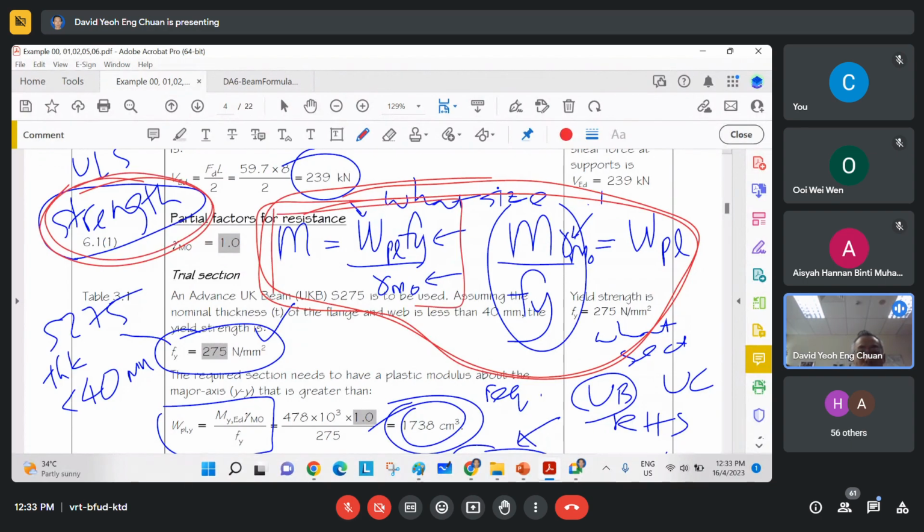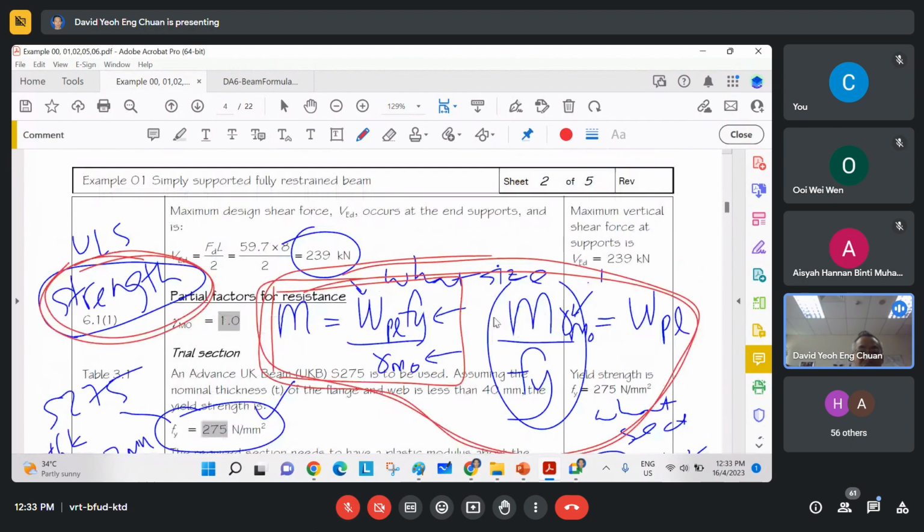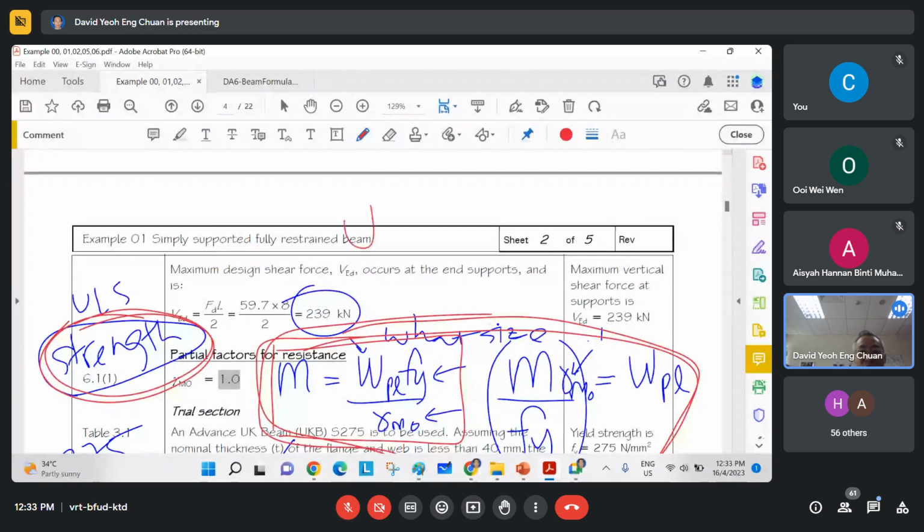moment equals to W_pl times by f_y divided by gamma M0. W_pl is your plastic section modulus. Okay, actually it comes back from this, bending stress equals to My over I, which is M over Z. You rearrange all this and make Z, the section modulus, the subject.